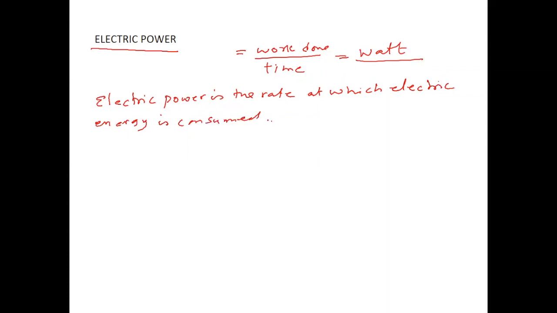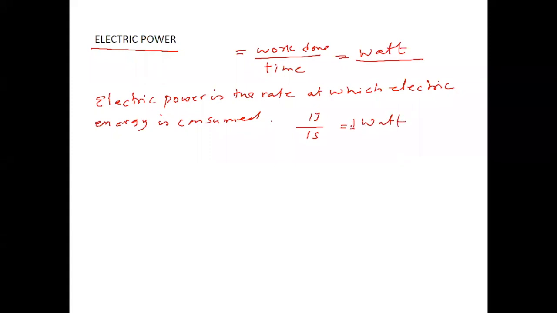When an electric appliance consumes electric energy at the rate of 1 joule per second, its power is said to be 1 watt. So 1 joule per second is 1 watt.